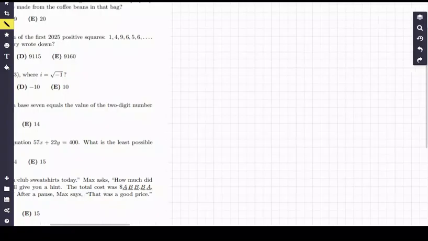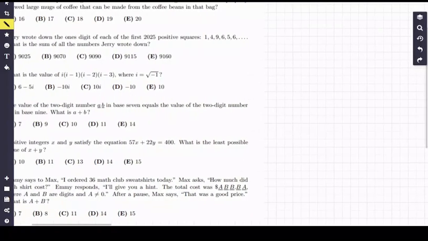So I grouped the first two together, which is i and i minus 1. You will get i squared minus i, which simplifies to negative 1 minus i. Then I grouped the second one together, which you would FOIL. I forgot what it actually stood for, doesn't matter.